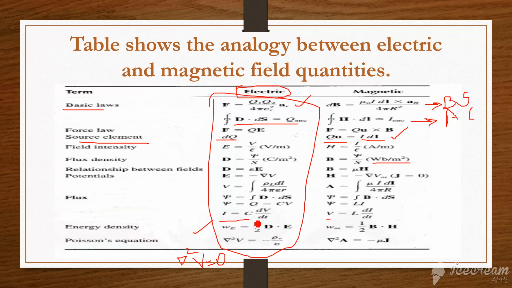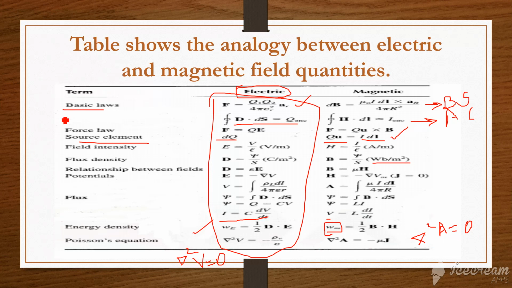The energy stored in the magnetic field is 1 by 2 BH. The last one is the Poisson equation for magnetostatics, del squared A is equal to minus mu J, from which we get the Laplace equation, del squared A is equal to 0.